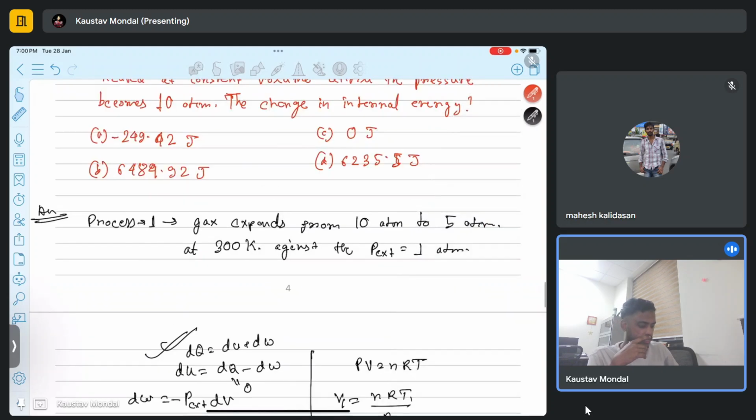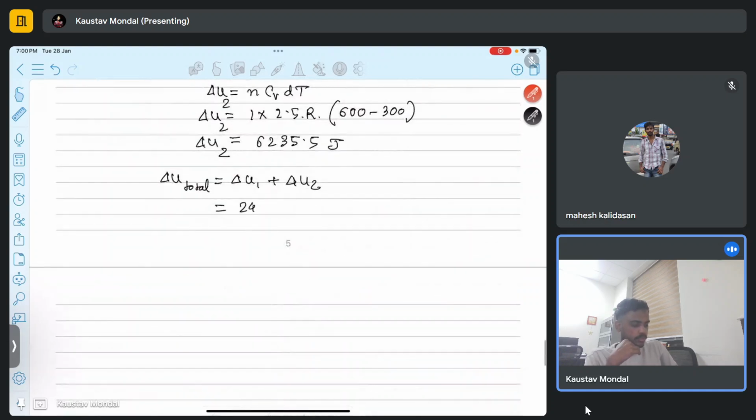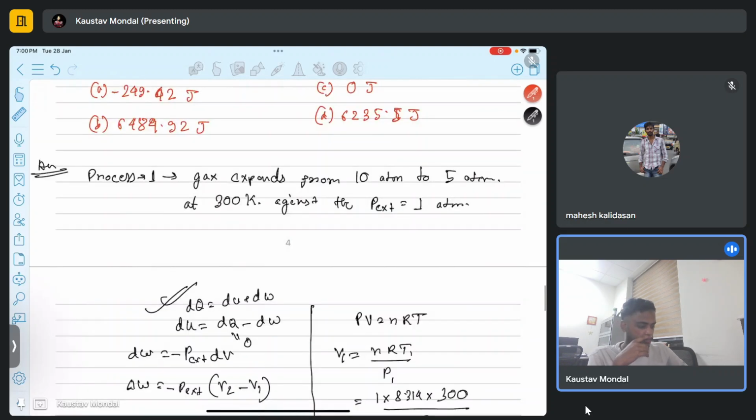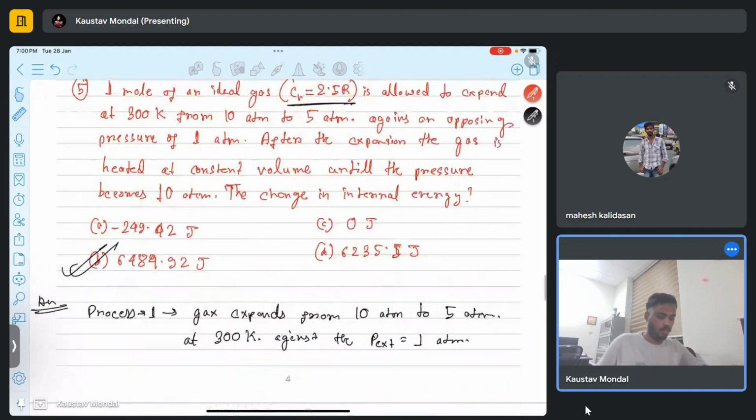First we calculated 249, which you can approximate as 249.42, plus 6235.5 joule. If you add this, it will give you 6284.92 joule. That would be the answer, option B.